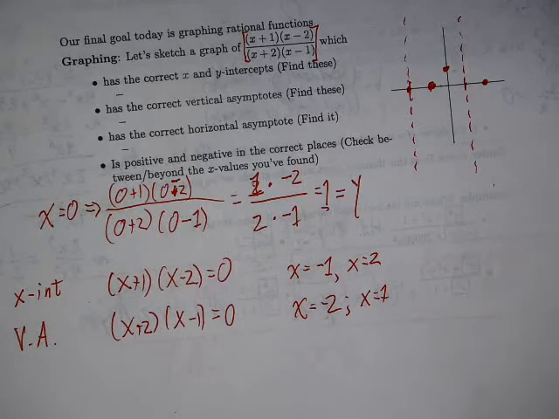If I plug in like 1,000,000 for x, does that +1 make a difference? Does that -2 make a difference? No, so when x is really, really big, the numerator is basically just x squared. When x is really, really big, what can you tell me about the denominator? Also pretty much just x squared. So asymptotically, we have x squared over x squared, which is equal to 1. So there's a horizontal asymptote of 1.